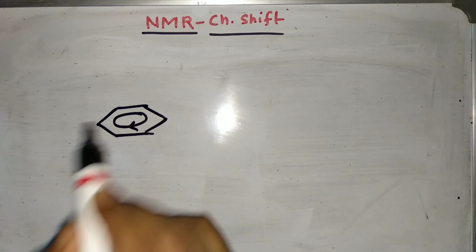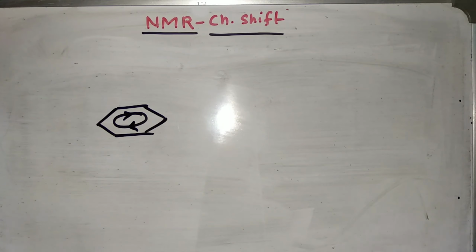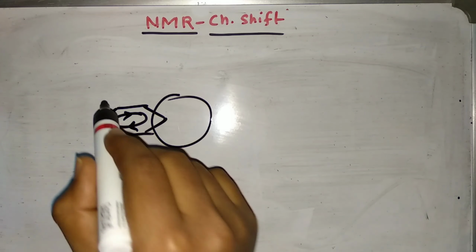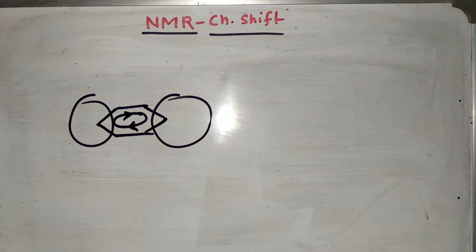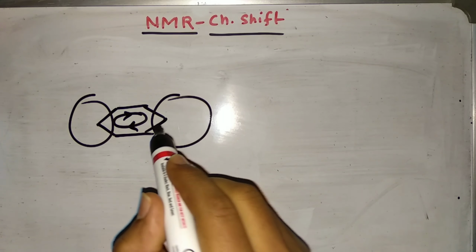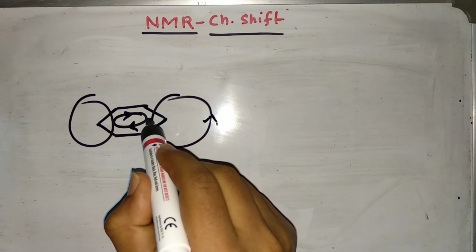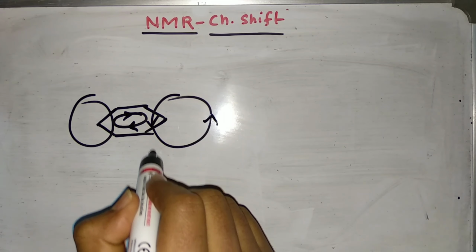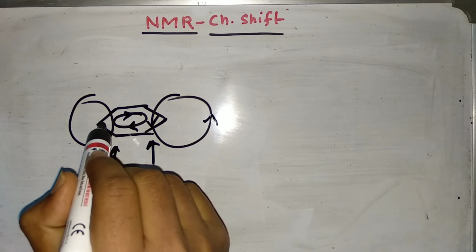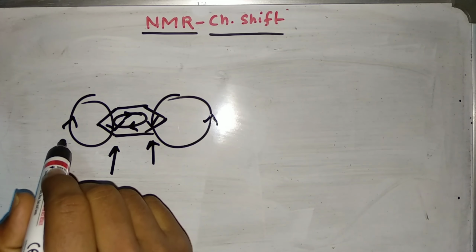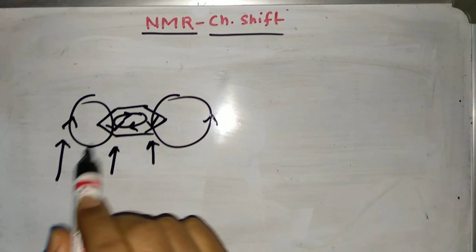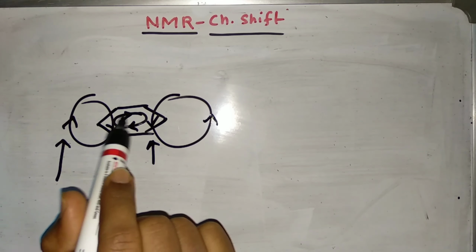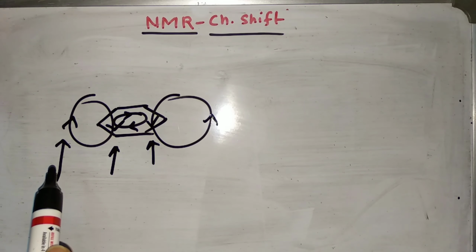So circulation will be as usual clockwise, and here also the same kind of magnetic induction occurs. This will be the same near the system, near the framework. It will oppose the external applied magnetic field, and far away from the framework, it will align with the externally applied magnetic field.